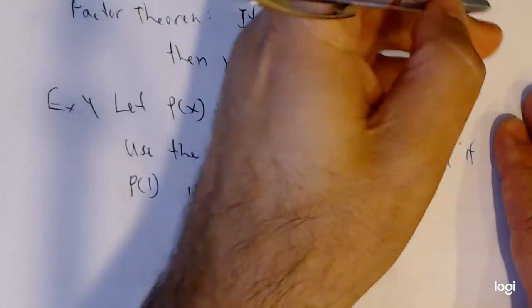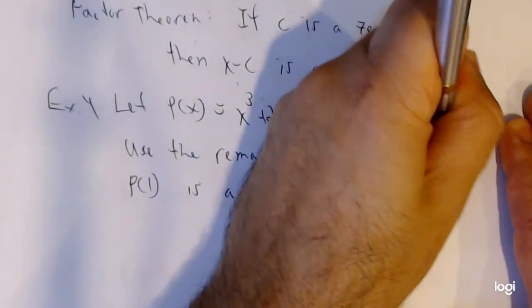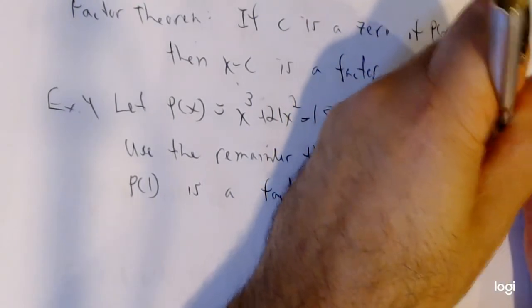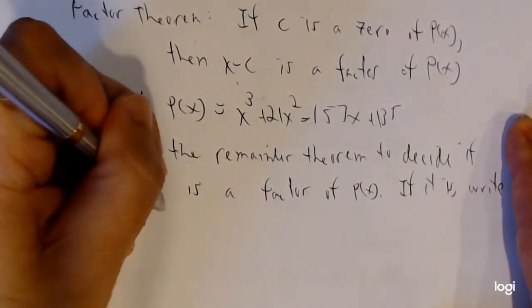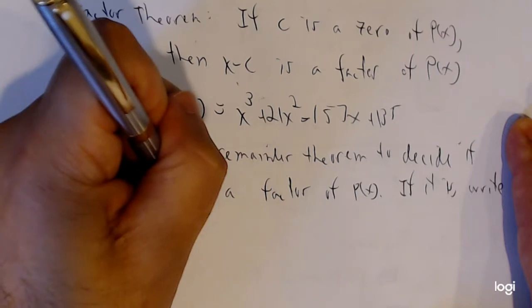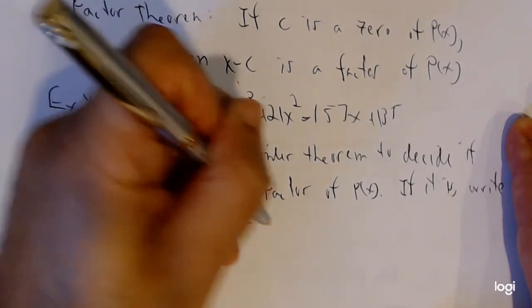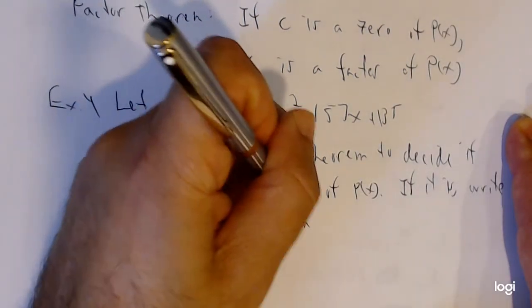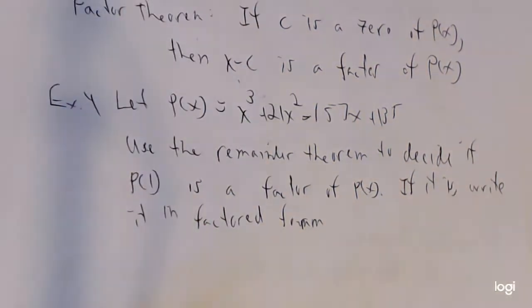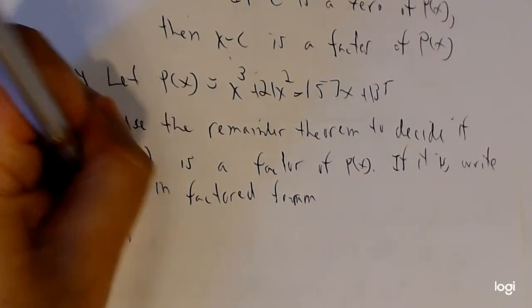And if it is, write it in factored form. So basically we're saying, if it is, then factor it. So let's first check. What's p of 1?